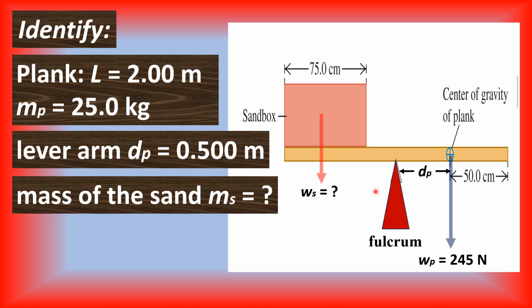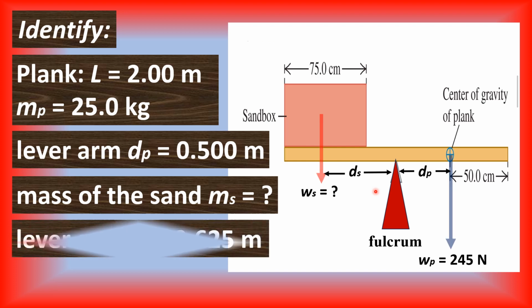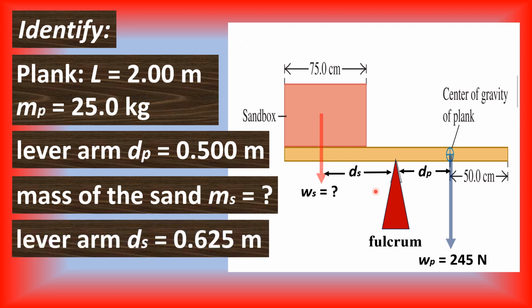The sandbag's corresponding weight W sub s is represented here by the downward red arrow in the diagram. And the distance from the fulcrum to the line of action of W sub s is the lever arm that we need for our computation.